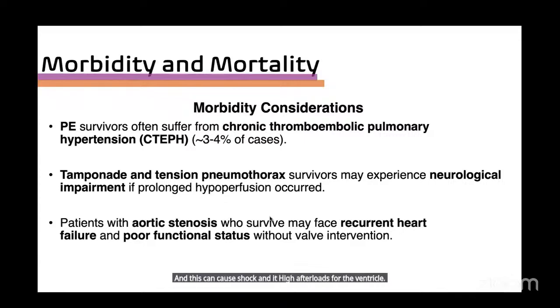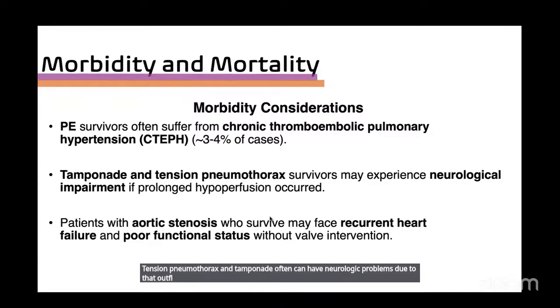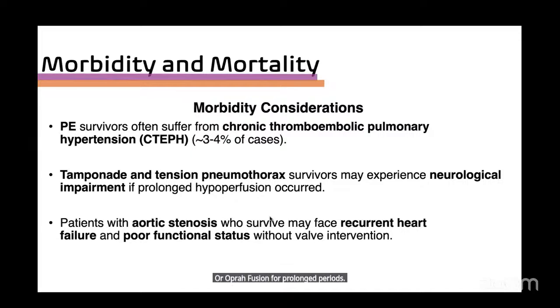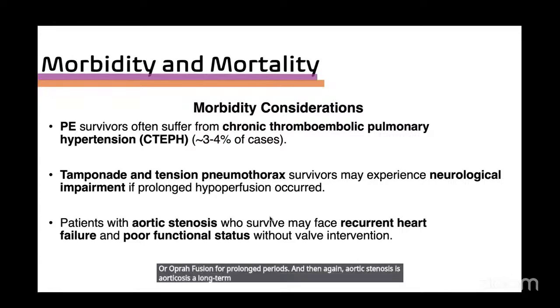Tension pneumothorax and tamponade often can have neurologic problems due to that lack of getting blood to the left heart, causing neurologic impairment or poor perfusion for prolonged periods. And then again, aortic stenosis is a long-term sequela. It causes problems by this recurrent heart failure and poor functional status.